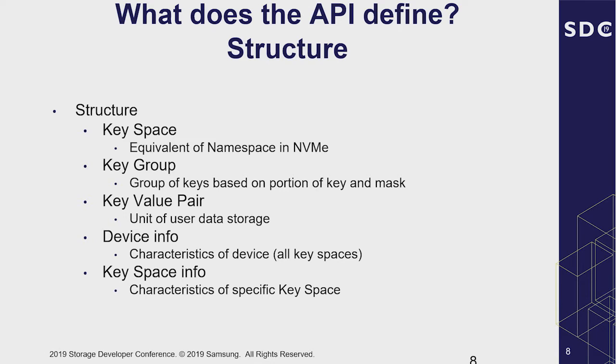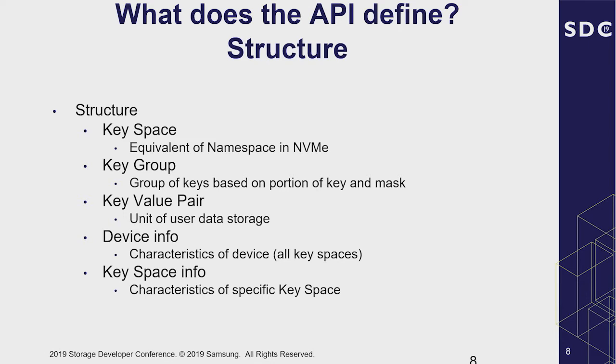In addition to that, the API defines a structure about device information, which is characteristics of the entire device, which includes all of your key spaces. So this would be, how much storage do you have for all key spaces? How many key spaces do you support? What is, from a device point of view, your maximum key size? What's your key granularity?